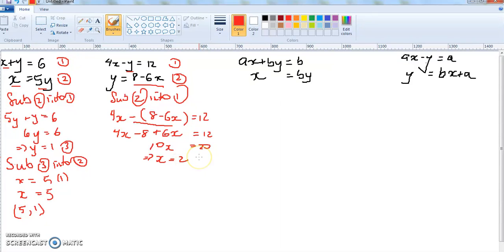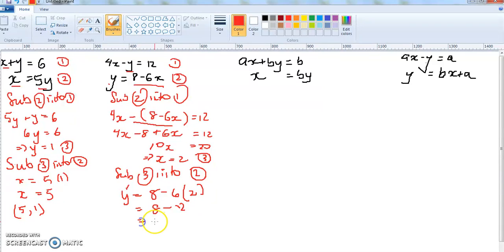Now we know a value of x, we label that as equation 3, and we substitute 3 into 2, because we're trying to work out the value of y, and we've already got y here. So now I'm going to write down that y equals 8 minus 6 times 2, so it becomes 8 minus 12, so y equals negative 4. We write our answer in coordinate form.